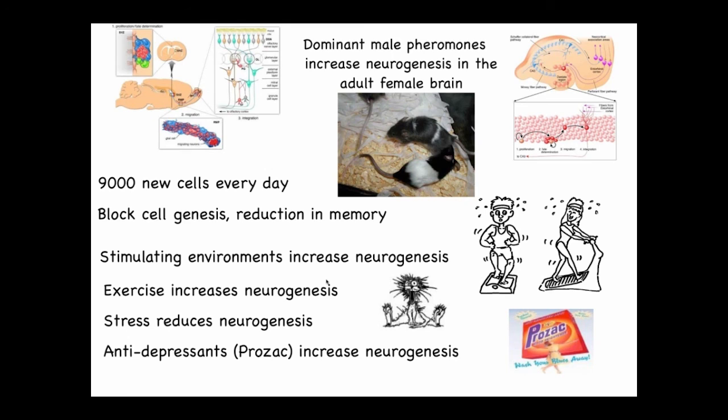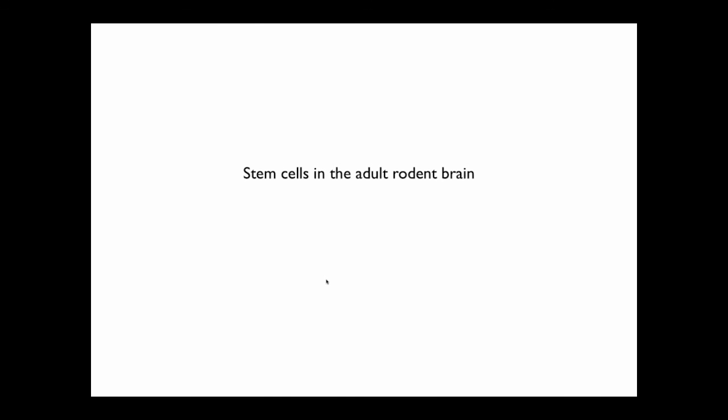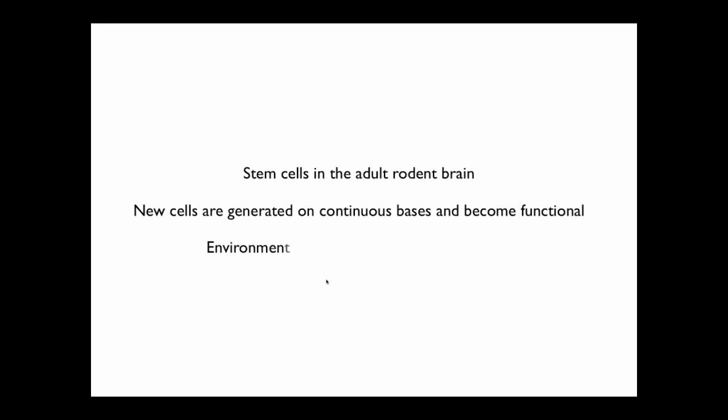And even things like male pheromones can increase neurogenesis in the adult female brain. So there are stem cells in the adult rodent brain. These cells are generating new cells on a continual basis, and those progeny become functional cells, and we know that the environment and action can affect this process.